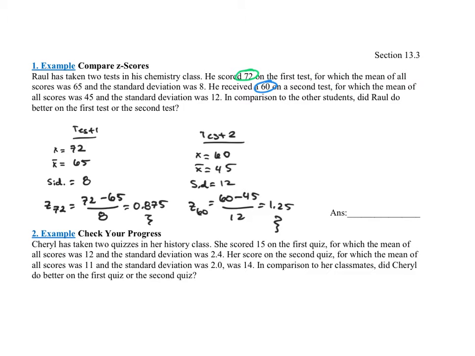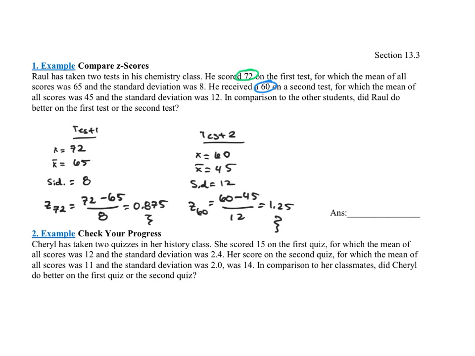That mean is a 65 for the first test, and he scored above it, 0.875 standard deviations above the mean. Look at test 2. Yeah, he only scored a 60, but the mean was really low. It was a 45. So his z-score on that one was a 1.25. That would be further to the right than a z-score of 0.875.